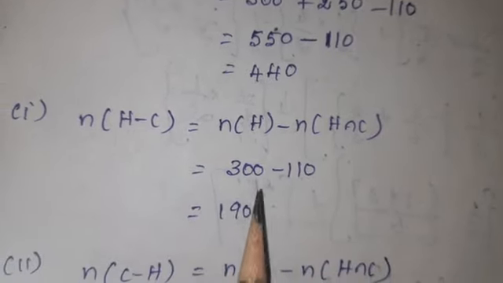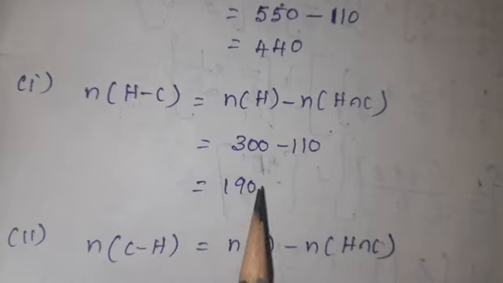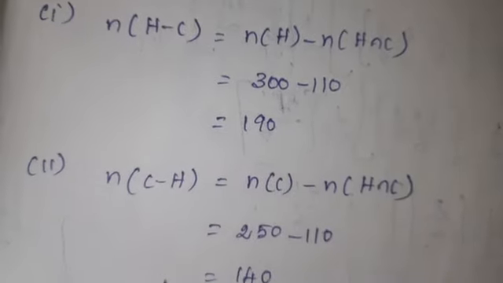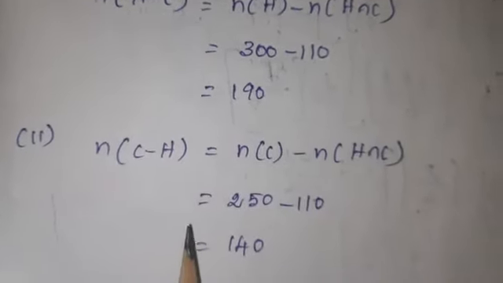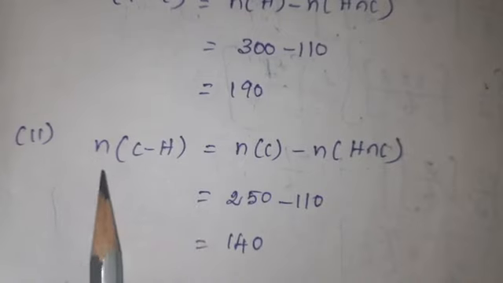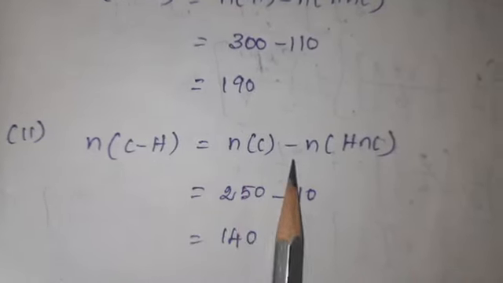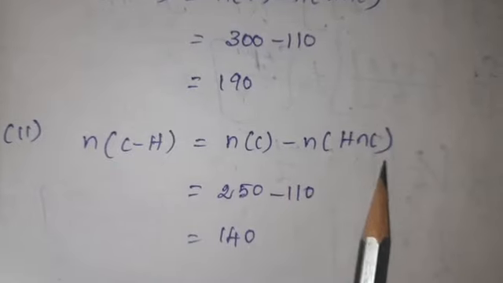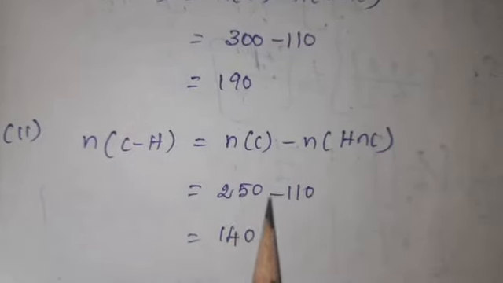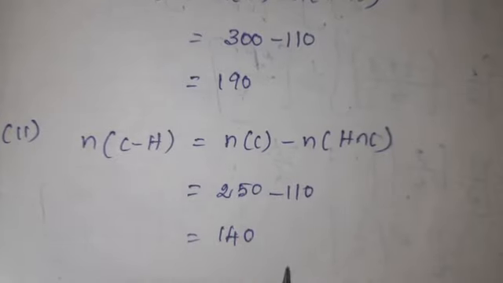This answer is the number of students who play only hockey. Next I am finding the number of students who play only cricket. That is n of C minus H, is equal to n of C minus n of H intersection C, is equal to 250 minus 110, is equal to 140. This is the number of students who play only cricket.